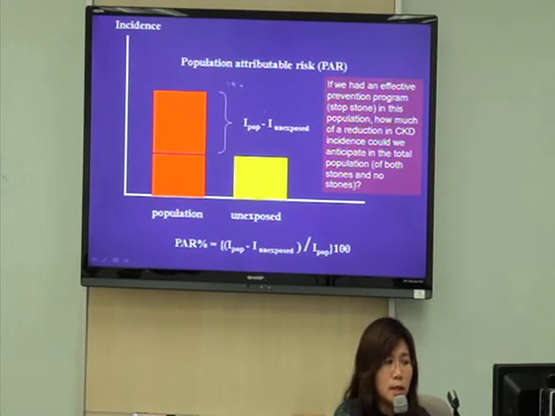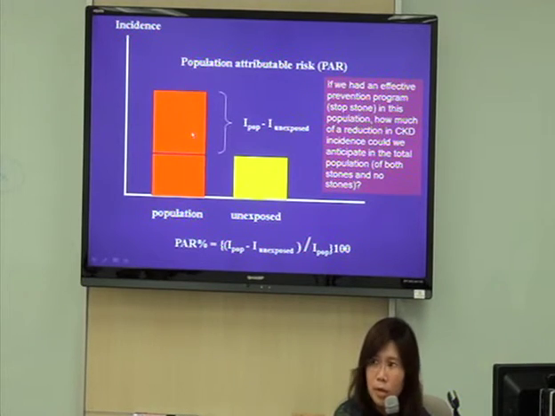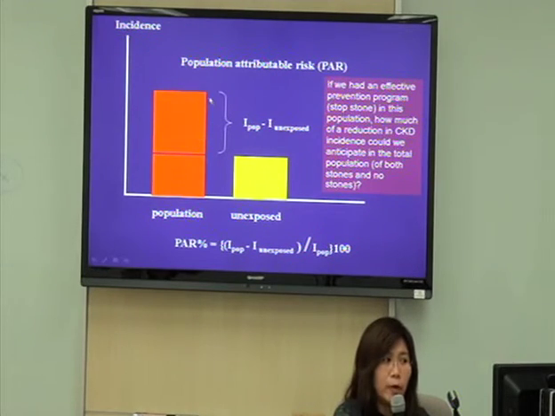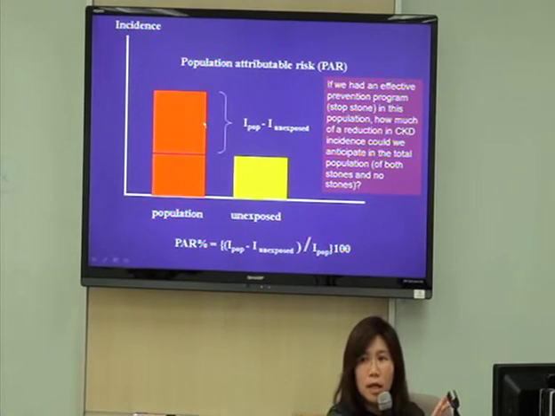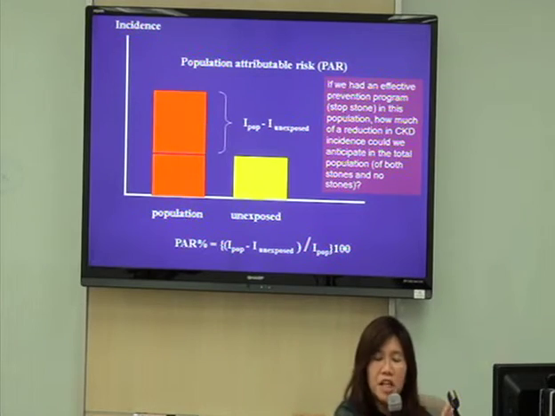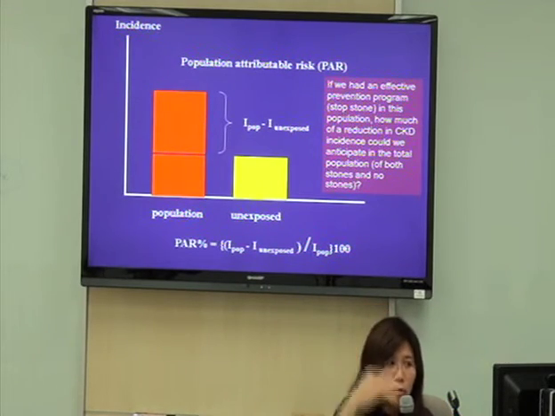So this is the number of chronic kidney disease cases that kidney stone attributes to in the population. So if you have a program to prevent kidney stone, we will decrease the incidence in the population by around this number.